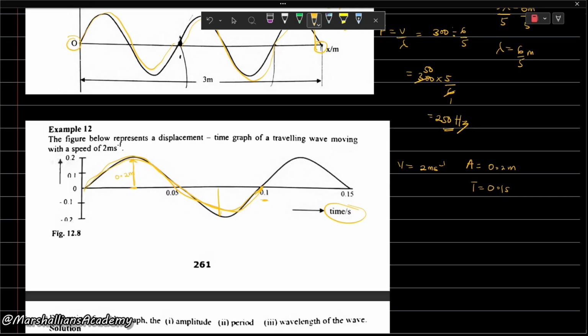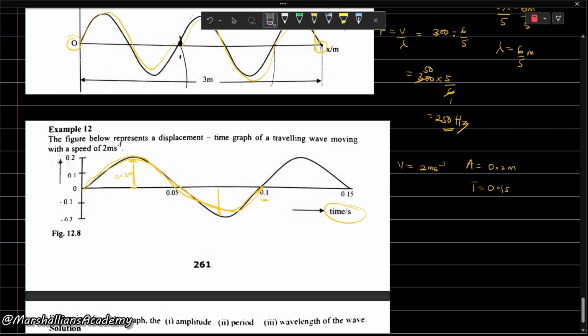What else are we also told to find? We are told to find the wavelength of the wave. Is there any relationship between wavelength, velocity, and time? Yes, there's a very simple relationship. We know that V is equal to lambda over T. That relationship I told you to write down.